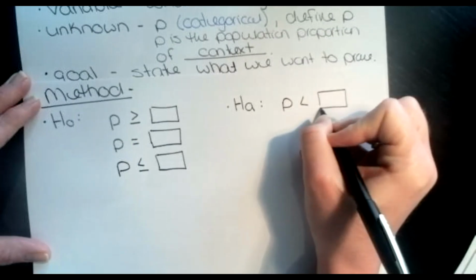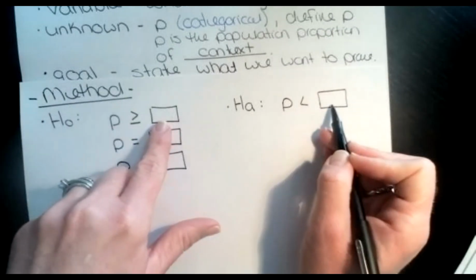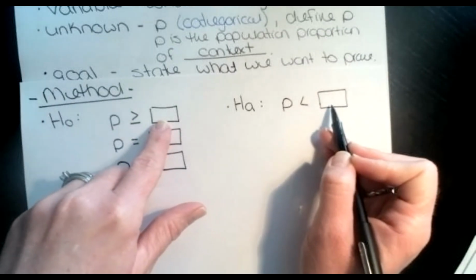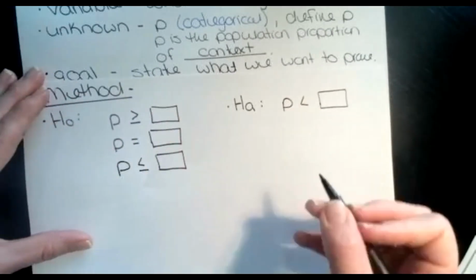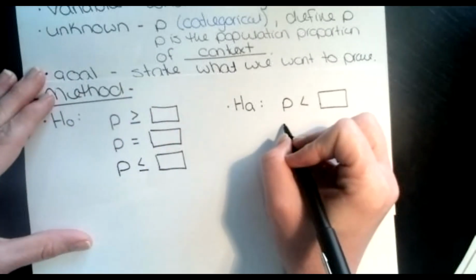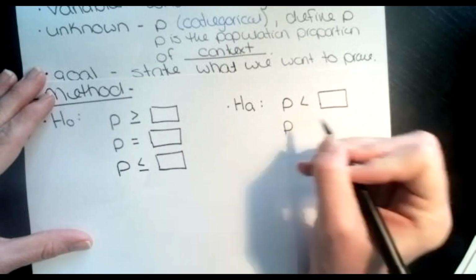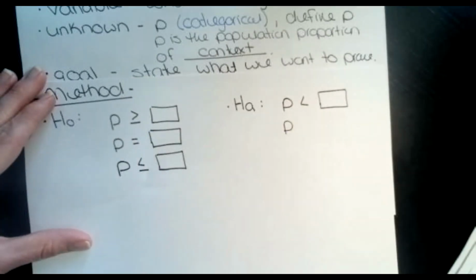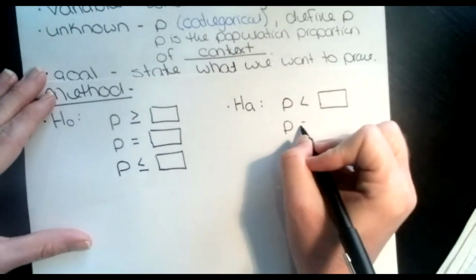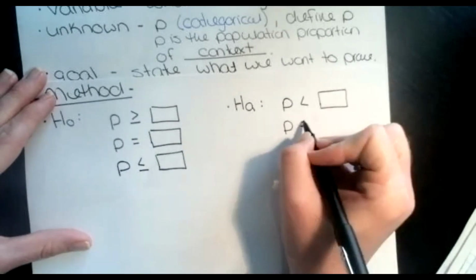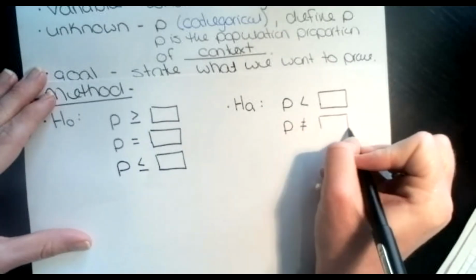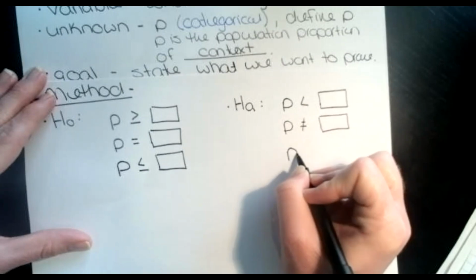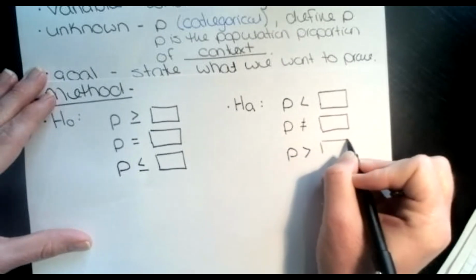Now that some number is the same number between the two lines. Okay, so if it's 0.5, it's 0.5 in both of these. And remember, it would be a decimal because we're talking about proportions, right? So it shouldn't be over 1. So here I would have it's not equal to number, and P is greater than some number.